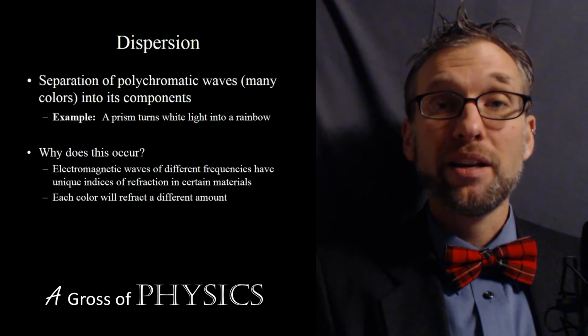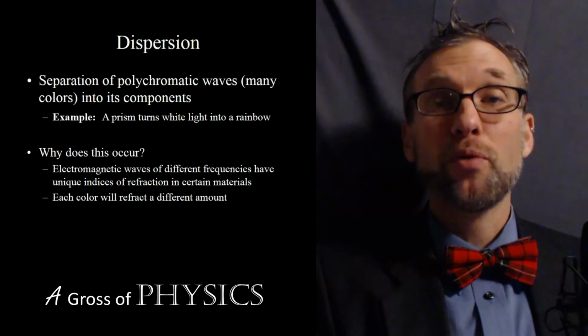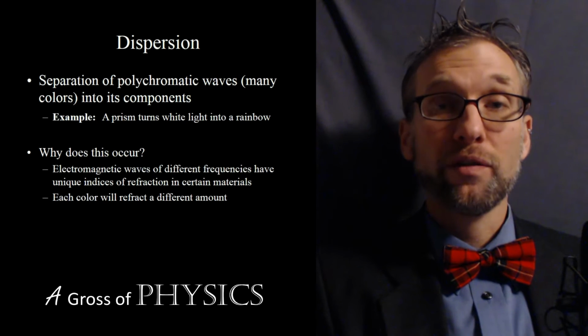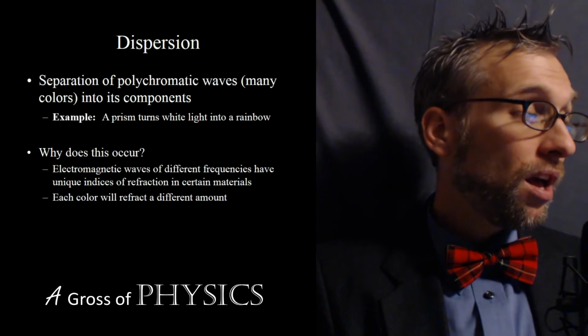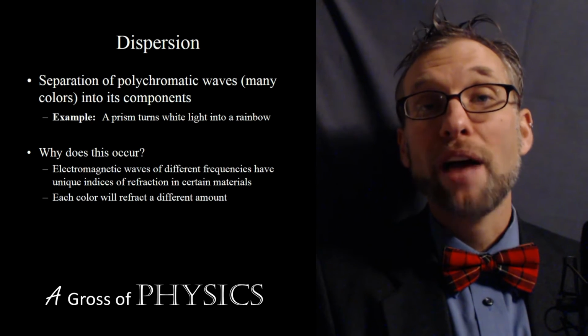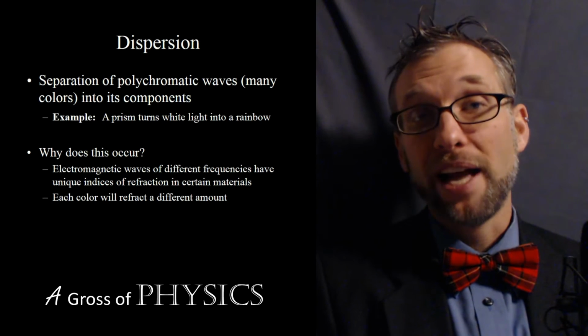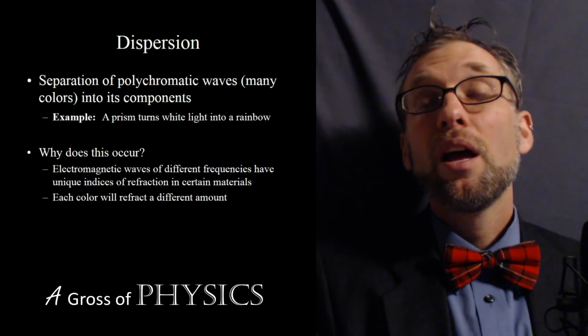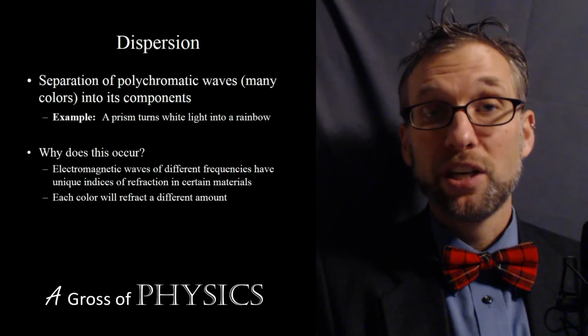We take white light and enter it into a prism, and it separates it into its component colors, which, if it's white light, are all the different colors of the visible spectrum. Now, the reason that's the case is because electromagnetic waves travel at different speeds in plastic or glass, and prisms are typically made of those materials. Those are called dispersive materials.